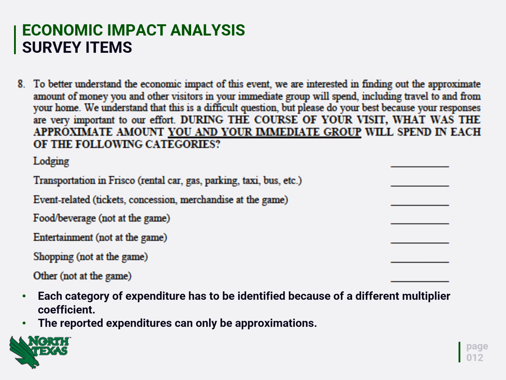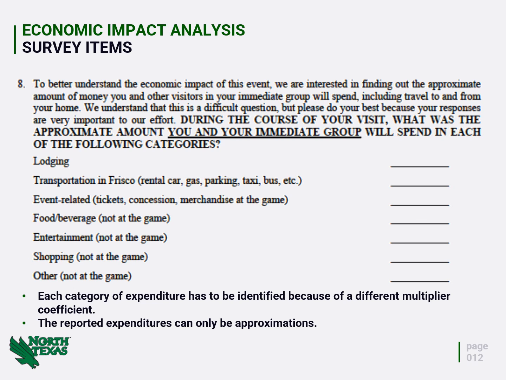Question 8 involves the amount of spending for various categories that are used to capture economic impact. We must differentiate the amount of spending for various categories because each category of expenditure has a different multiplier coefficient, which will be used to calculate indirect and induced economic impact. Most importantly, we must acknowledge that the reported expenditures can only be an estimation.